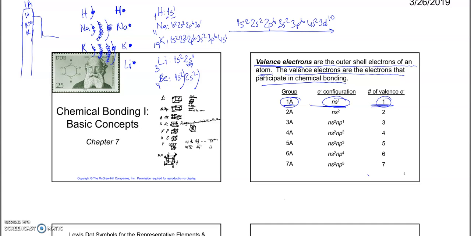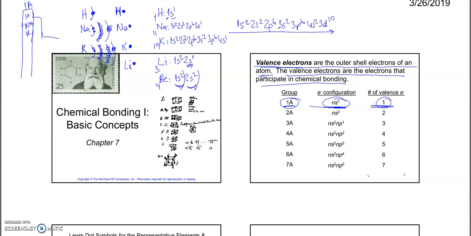You can pause here and answer. That's going to be 2, right? Because on the first shell, I get 2, that's the inner shell. On the second shell, I have 2 electrons, so beryllium will have 2 valence electrons. So I can show it like this, right? We want to show the valence electrons around the symbols of elements, so we can do some calculations with it, okay?